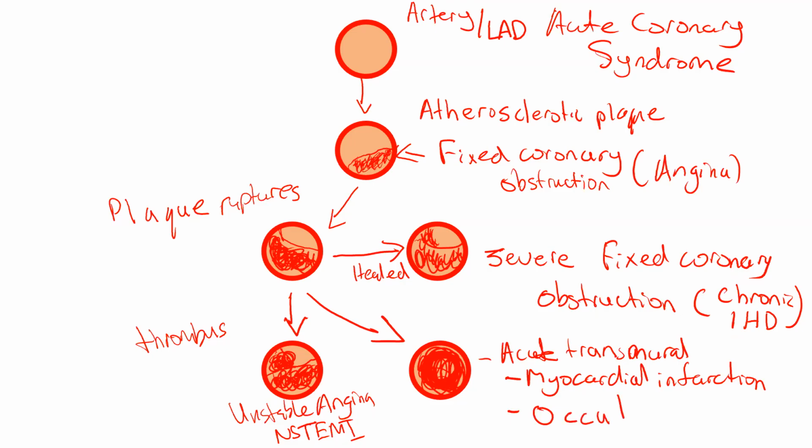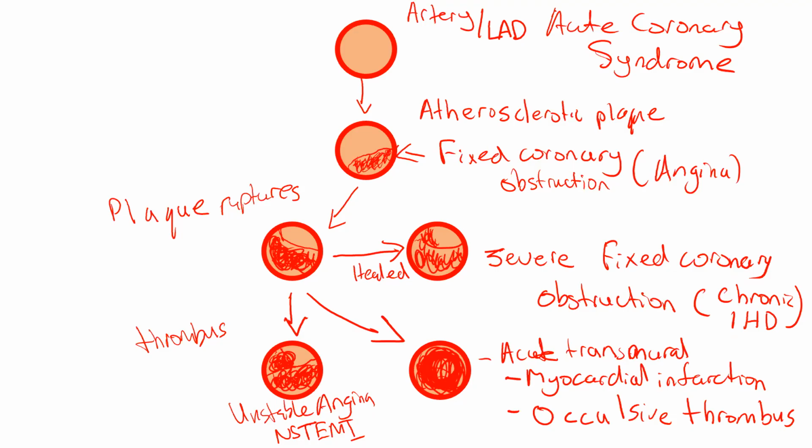It's also known as occlusive thrombus. And generally speaking, when we get to this point, that's when we're going to see the STEMI criteria coming up, at this point where the coronary artery is completely blocked.